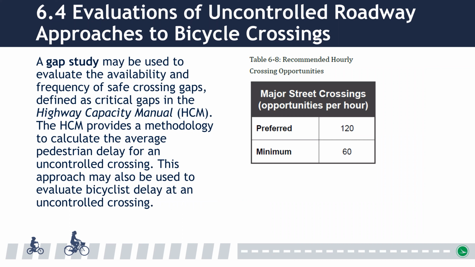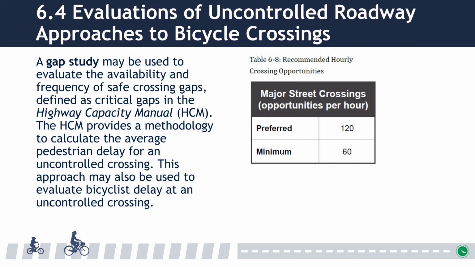When bicyclists are at a stop or yield-controlled intersection, and motorists on the intersecting roadway are uncontrolled, the intersection should be evaluated to determine how many crossing opportunities are available to the bicyclist. This may be done using a gap study as further discussed in the Highway Capacity Manual, or HCM.